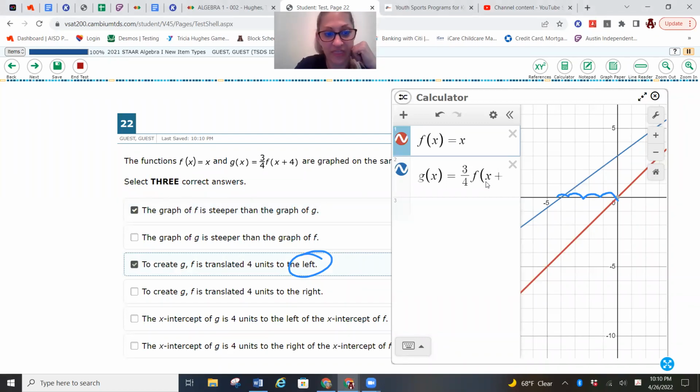Last option. The x-intercept of G, which is my blue line, is 4 units to the left of the x-intercept of F. That is correct.